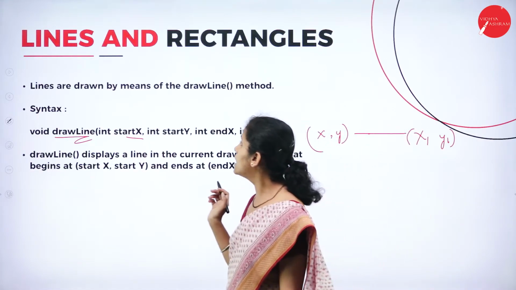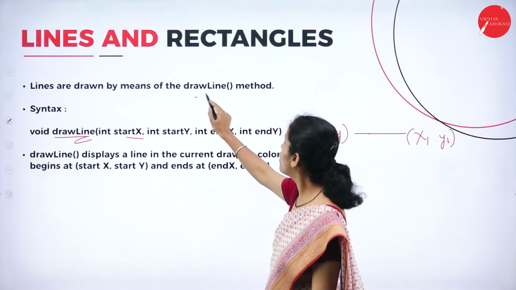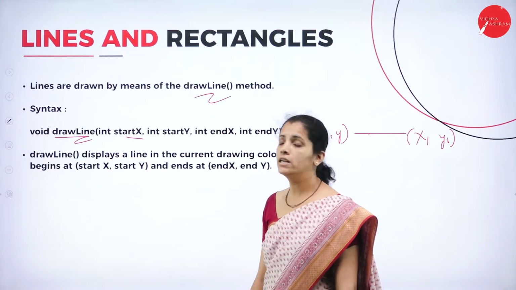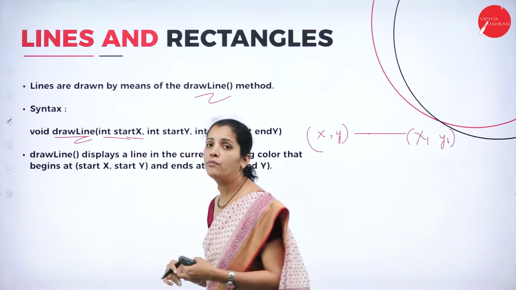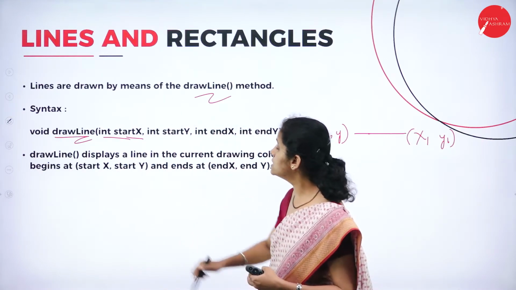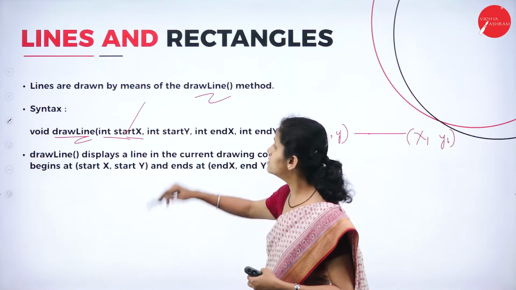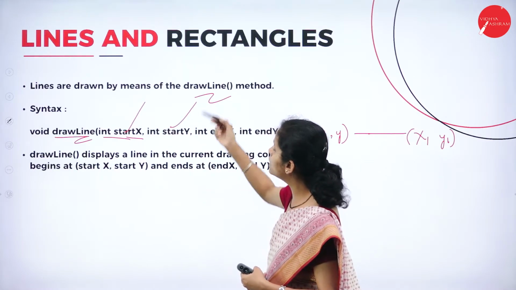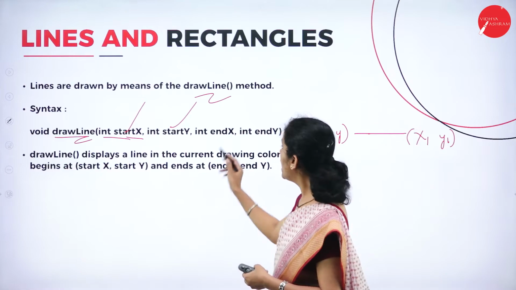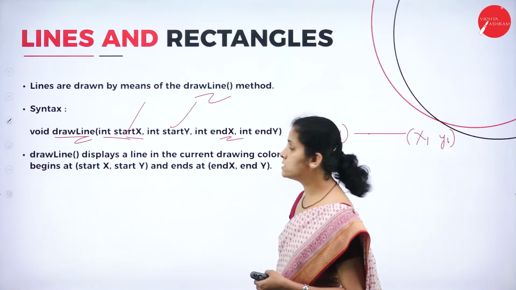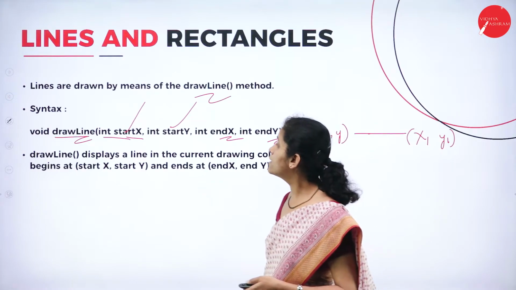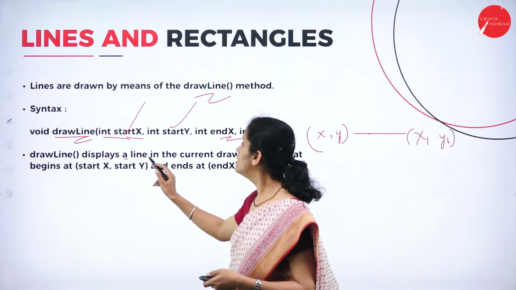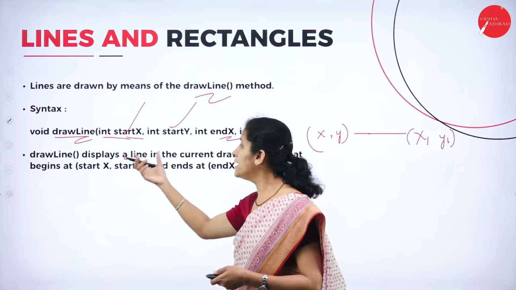So lines are drawn by using the drawLine method, and it takes 4 parameters, that is, the starting coordinate x and starting coordinate y, the ending coordinate x and ending coordinate y. So here drawLine means display a line.